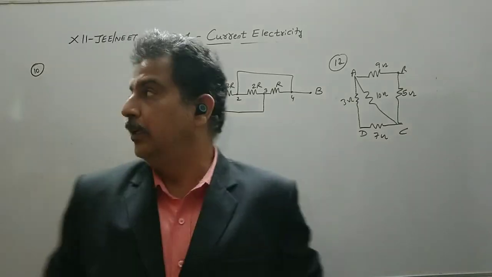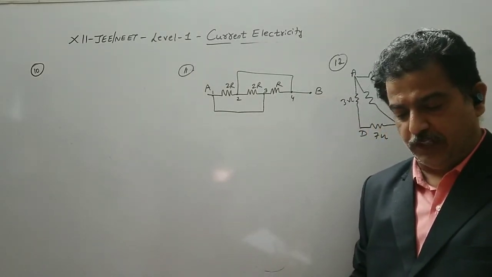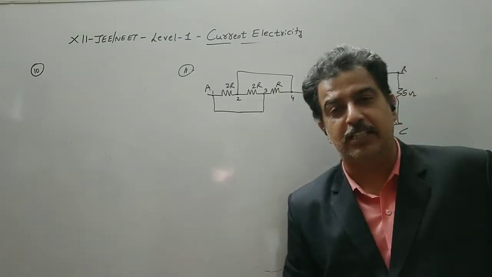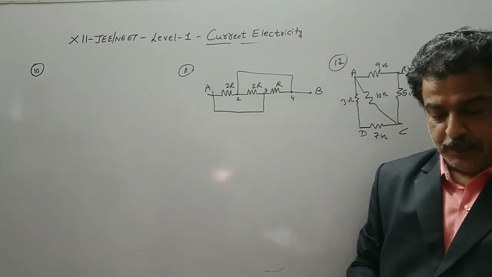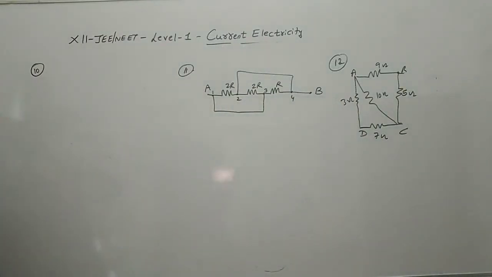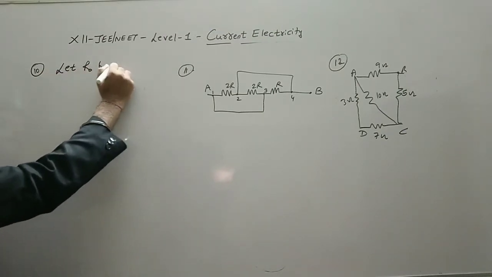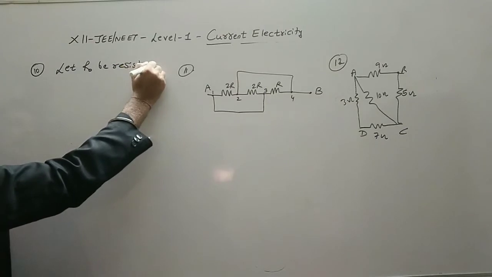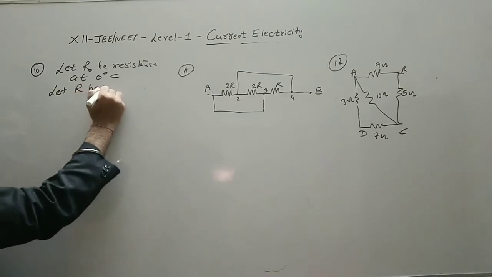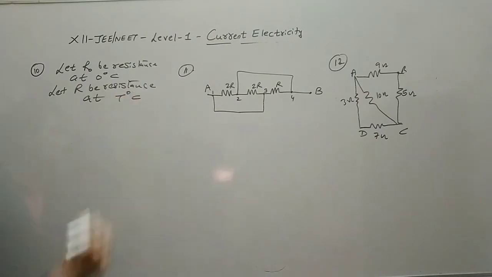Now MCQ number 10. At what temperature would the resistance of a copper conductor be double its value at 0 degree centigrade? Alpha is given. So the question is, what should be the temperature if the resistance of the copper conductor is double that at 0 degrees? Let R naught be the resistance at 0 degree centigrade, and let R be the resistance at T degree centigrade.